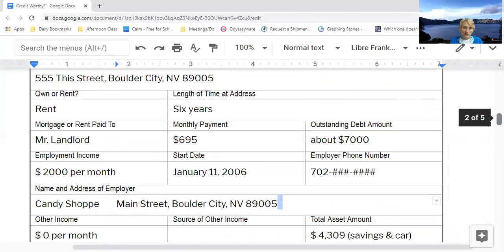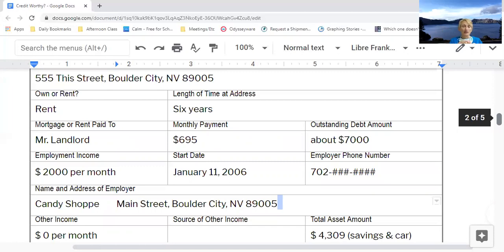So I see this guy, it says $2,000 per month. I could figure out my monthly one, do 10% of that, and think about what the payment would be. But $2,000 per month. So if I wanted to do my annual one, I would have to multiply that by 12. So his annual income is $24,000.